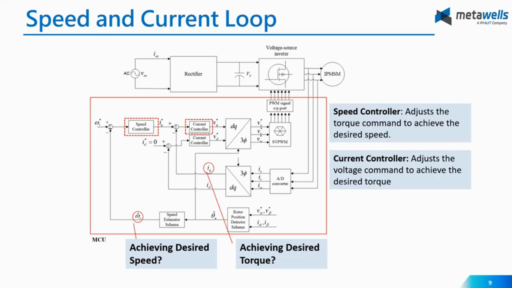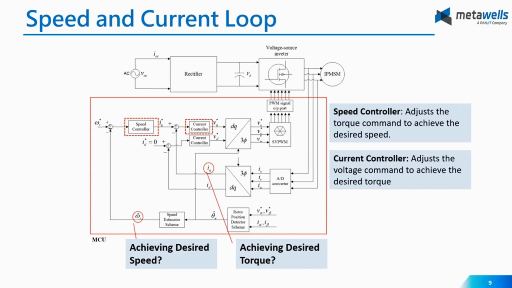And let's talk about the current loop. First, we talk about the IQ current loop. In the DQ frame of a PMSM motor, IQ is the Q axis current that generates torque. We mentioned that the IQ command means setting torque.